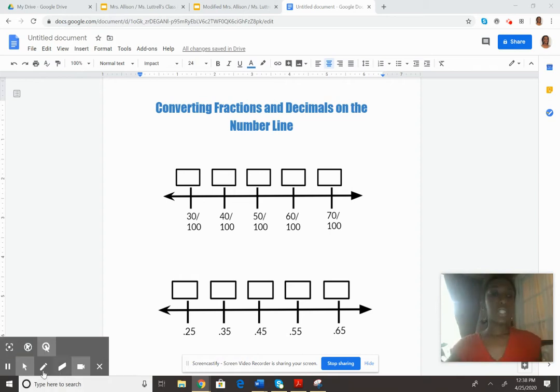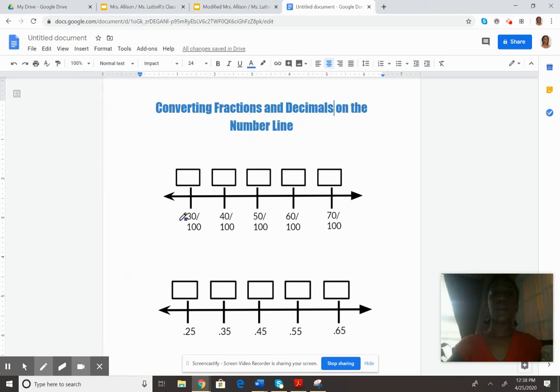So let's look at the first one. We need to convert our fractions into decimals, okay? So we have 30 over 100. And 30 over 100 is simply changing my fraction into a decimal. So I know that my 30 will be in the hundredths place after the decimal.